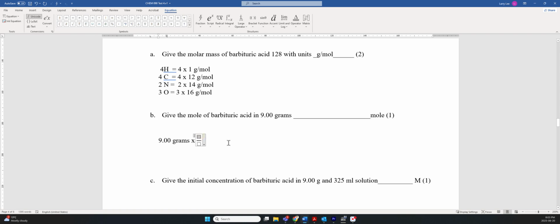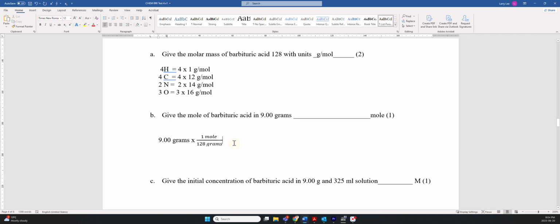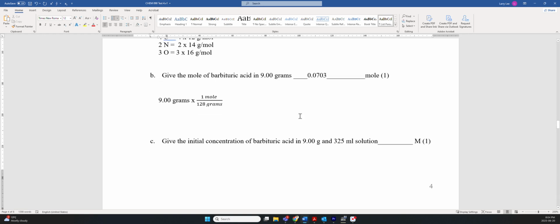I like the fraction way because this is dimensional analysis. You could see that the units cancel, and this would turn out to be 9 divided by 128, 0.0703. We'll use 3 sig figs. This will give you the moles.